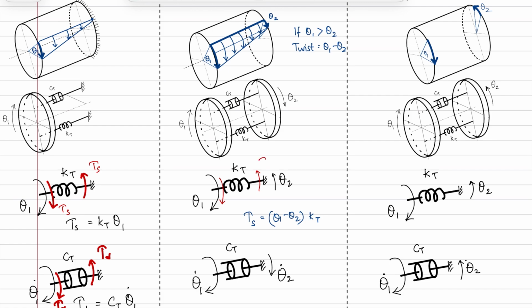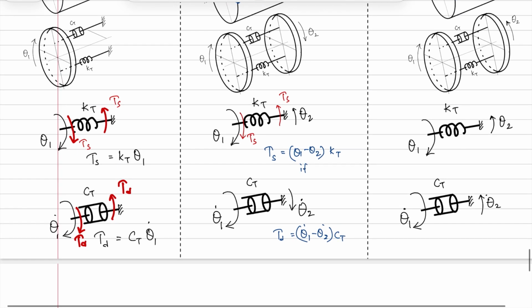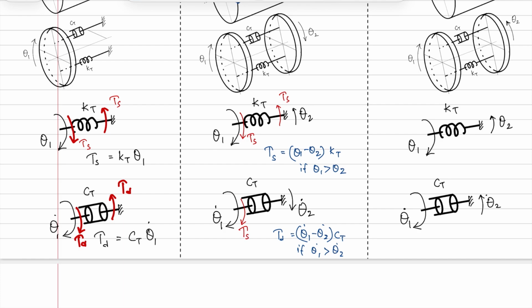And this here is how you'd represent tau s. Similarly, in this case, you have tau d equal to θ1 dot minus θ2 dot times Ct. Of course, the above one is if θ1 is greater than θ2, and this here is a separate assumption that θ1 dot is greater than θ2 dot. Again, the direction is going to be in the direction of the larger θ1 dot in this case. So it's tau s, sorry, tau d, and then tau d here.